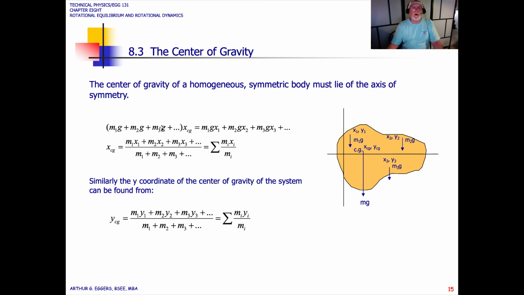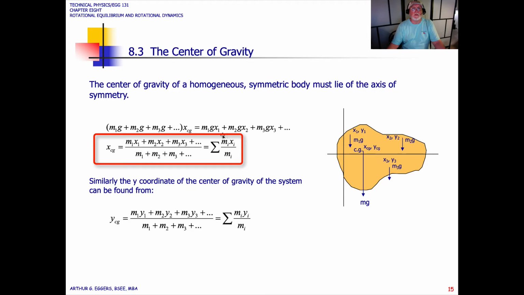So we sum all of those and multiply it times the distance for the center of gravity, and we can simplify this by saying that the center of gravity, x sub cg, is the sum of all of the mass times the distances in the numerator and all of the masses in the denominator.